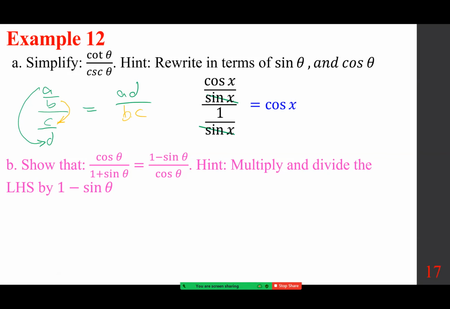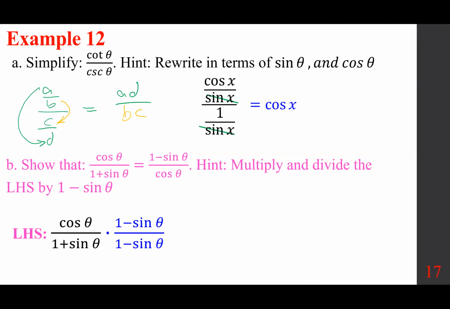We start with one side. In this case, again, we start with the right-hand side and we multiply and divide by 1 minus sine theta. That's the hint, even if they didn't give us that hint, because the right side involves 1 minus sine theta, it makes sense. So let's do that. You write the numerator as a product and the denominator becomes 1 minus sine squared.